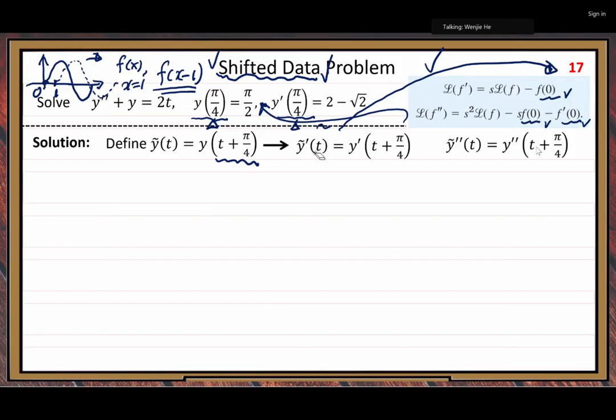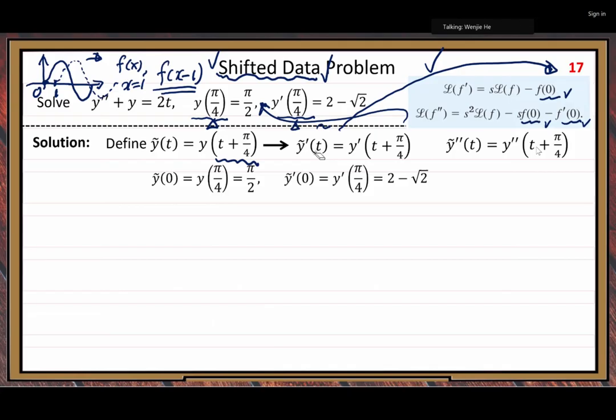We use the chain rule, since this is a simple composite function. Then the initial values: y tilde of 0 is some value, y tilde prime of 0 is some value, known values, right?